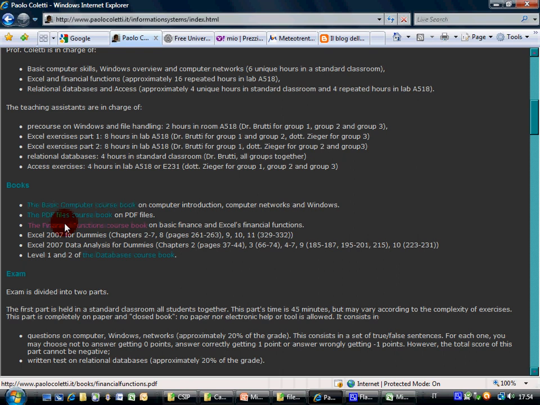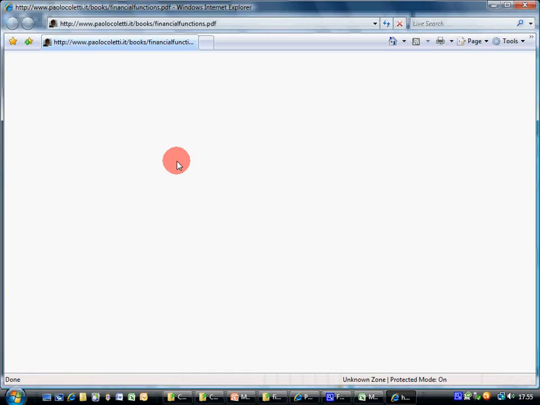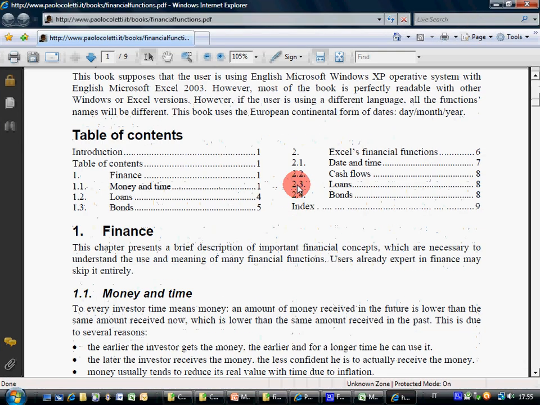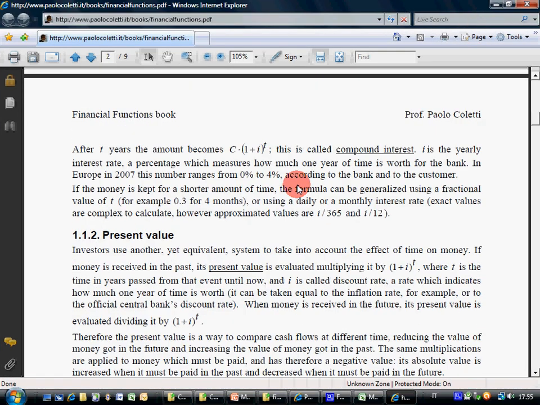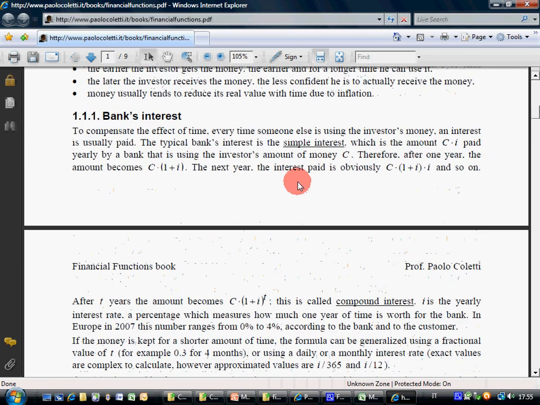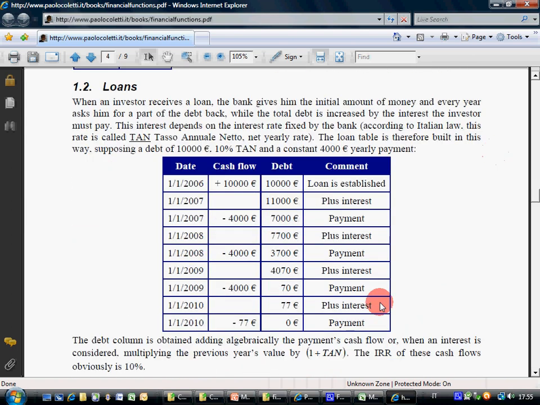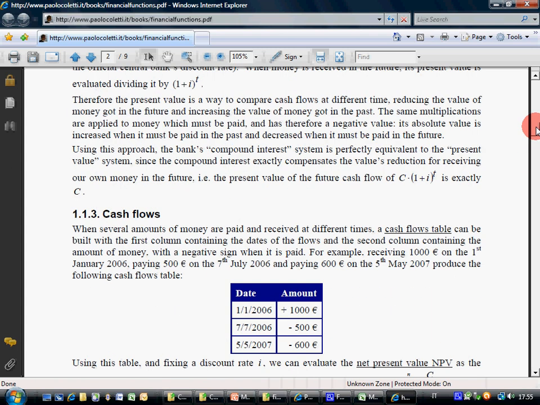It's a book which you may have at the practical part of the exam, so you don't really need to study it, but you should read it to have an overview of financial functions, especially of finance, because I've seen that many people don't have enough knowledge of finance to understand which exercise we do. The book is a complete overview. The book also includes the lessons that I will do now, but I suggest you read it before listening to the rest of the video.